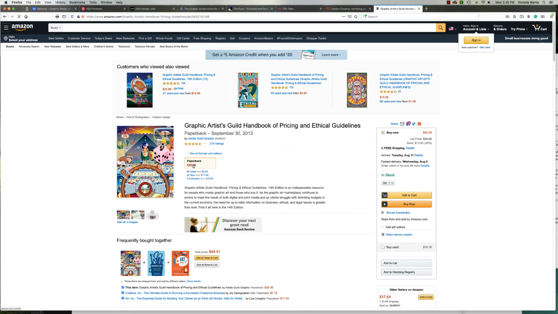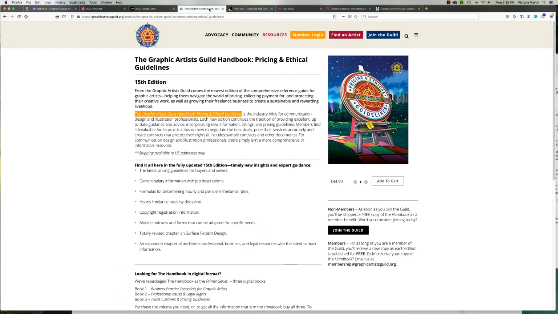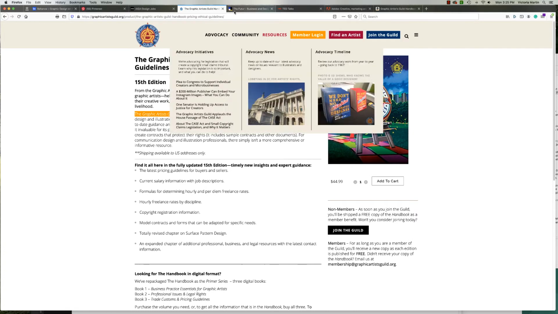Now, some of the contracts and stuff like that might be a little bit outdated. So if you're really strapped for cash, notice there's a used one from $2.20. Let's see how old that one is though. But they have a breakdown on how to write contracts, freelance rates, copyright information, contracts, all sorts of good stuff. I'm not a member with these guys, but they're really a great organization.